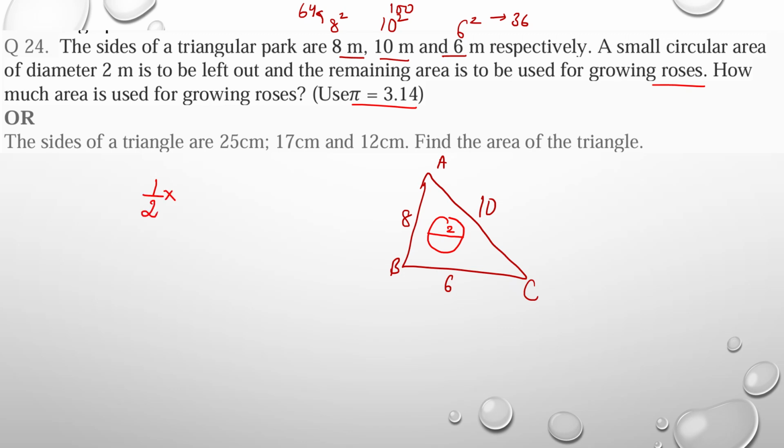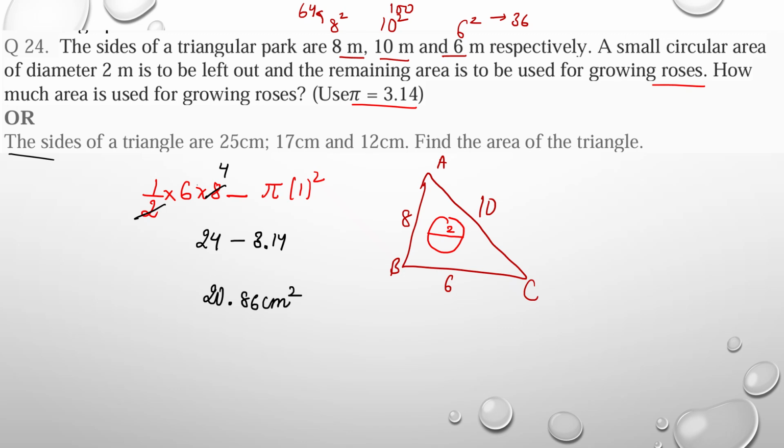Half into base into height minus pi r square. Now this can be cancelled: 2 and 8, 6, 4, 24. Pi is 3.14, 3.14 into 1 is 3.14. Subtract it. The result will be 20.86 centimeter square, since it is an area.